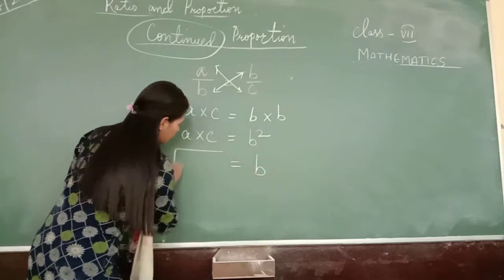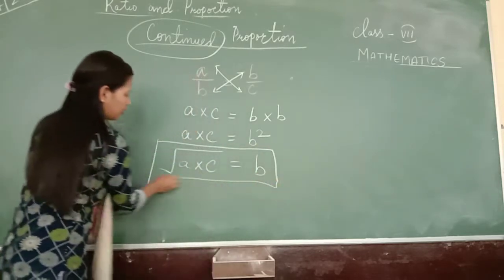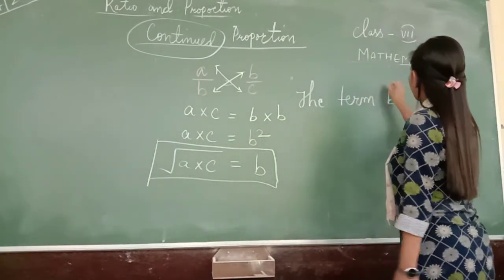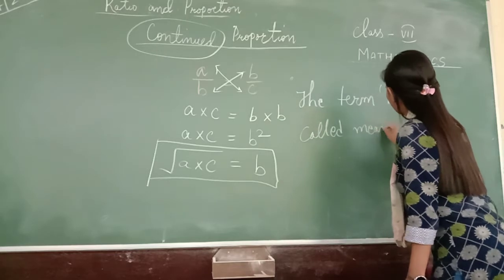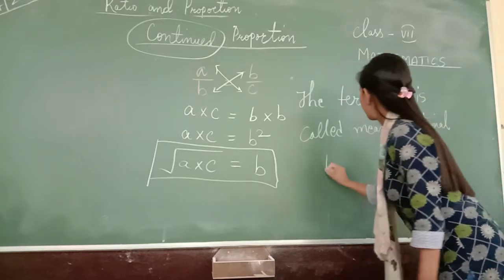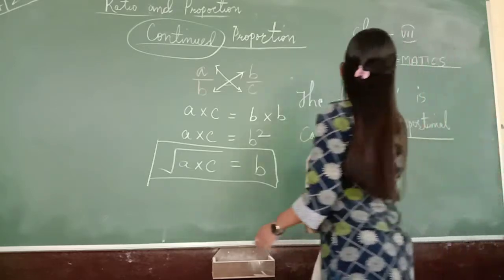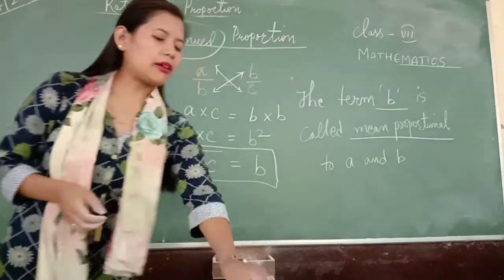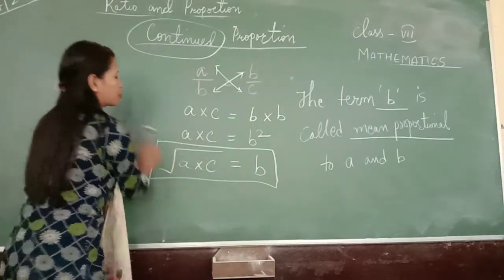B will be equal to the square root of A into C. This term B has a certain name: the term B is called mean proportional to A and C. Children, this theory part is very important when you solve questions. So this is all about continued proportion.